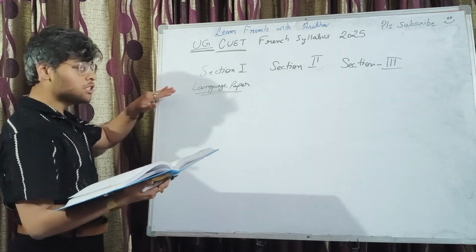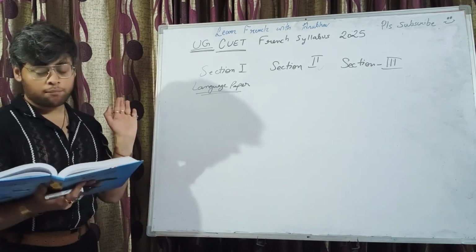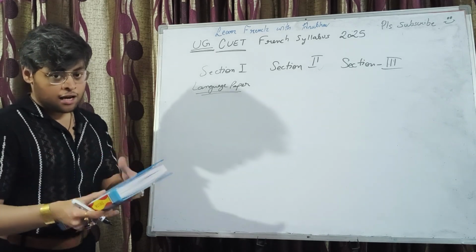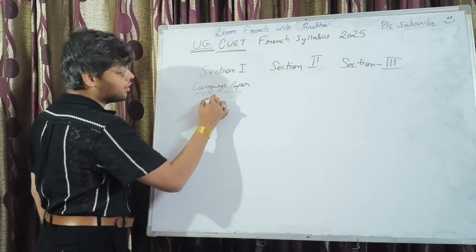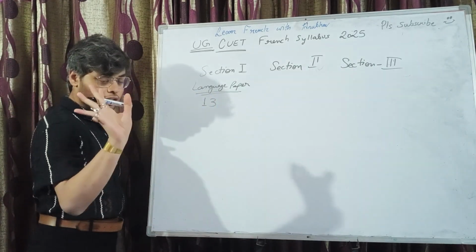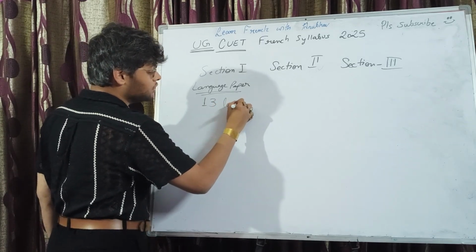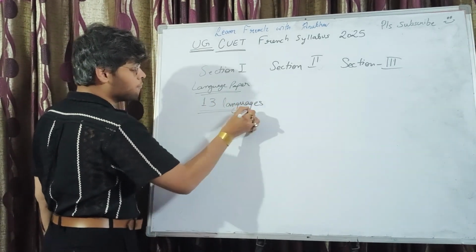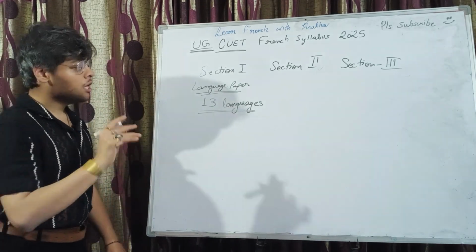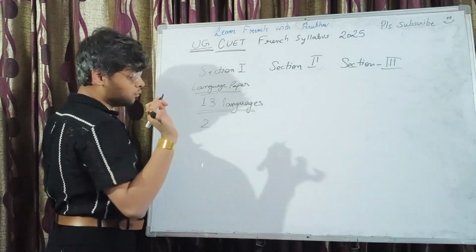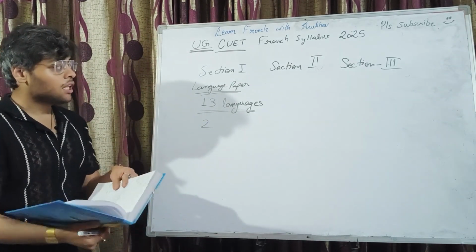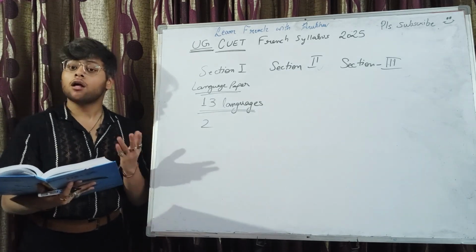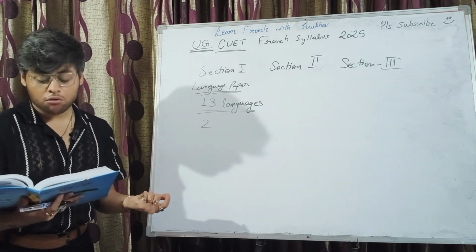Now, this language paper is going to take place in 13 languages. Okay, like it's not like everyone is going to give for 13 languages. The languages for which you want to apply or you want to appear in the examination, maximum you can opt for two languages. Okay, now these 13 languages are what all languages?